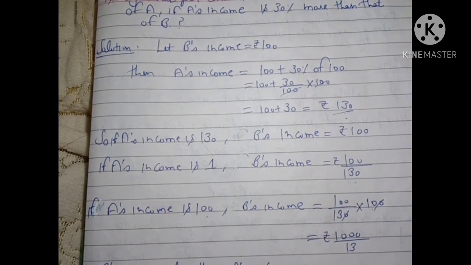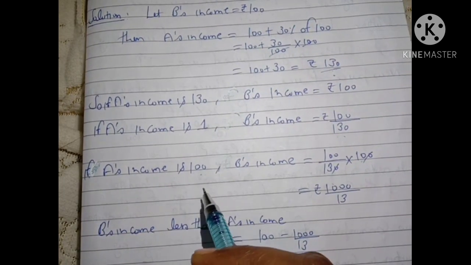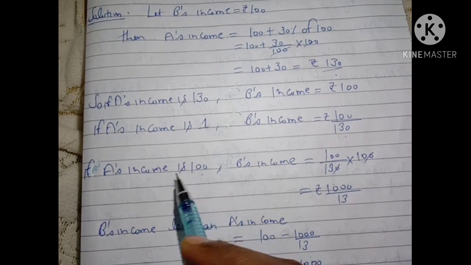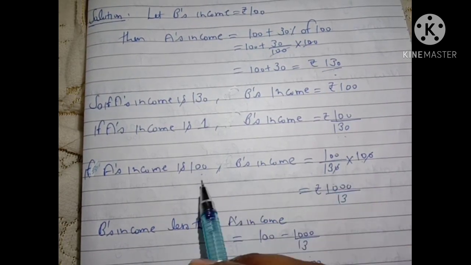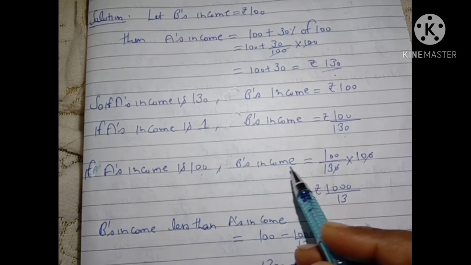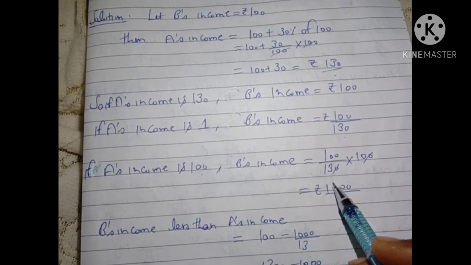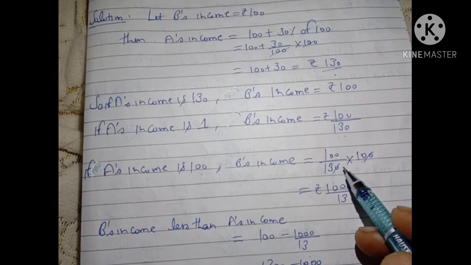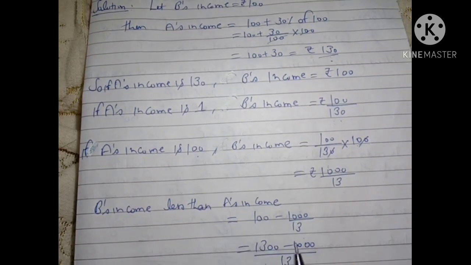And now the next step, we can convert the value into 100 of A by multiplying both sides by 100. So if A's income is 100, then B's income will be 100 over 130 into 100. After cancellation it will become 1000 over 13.